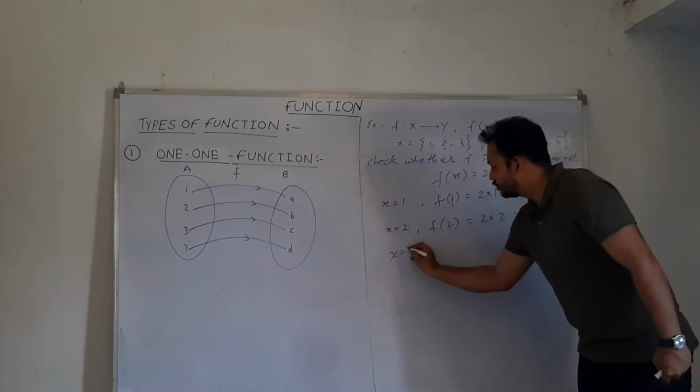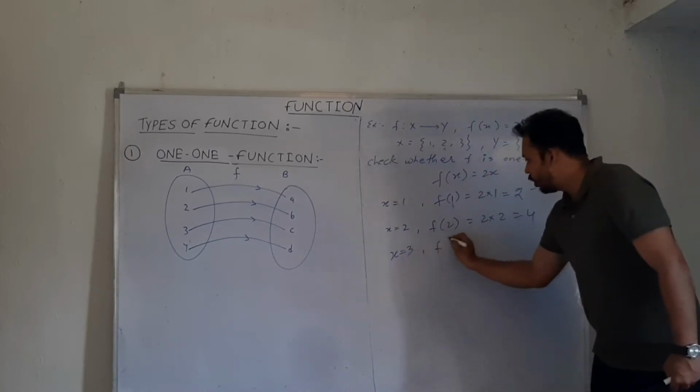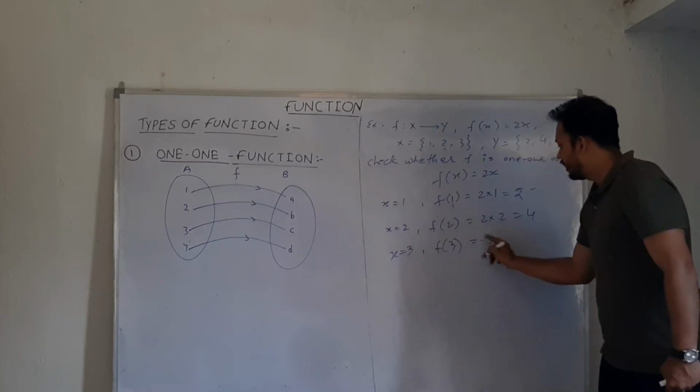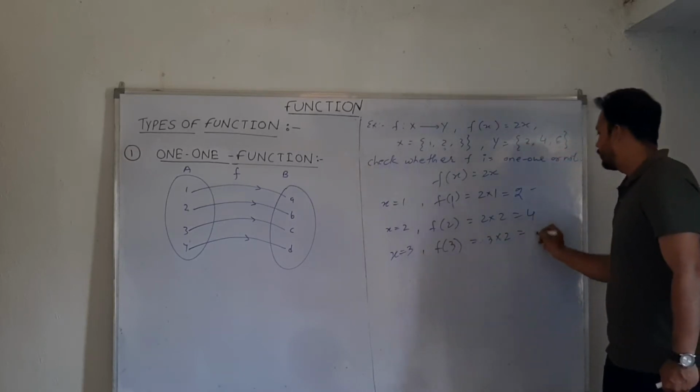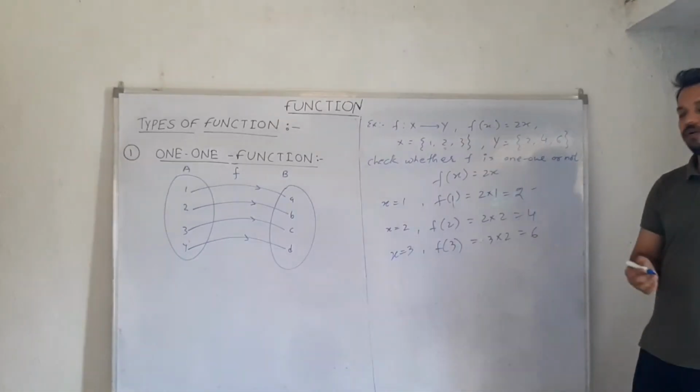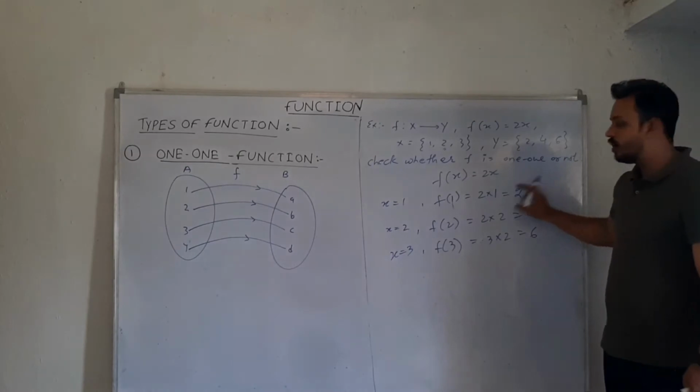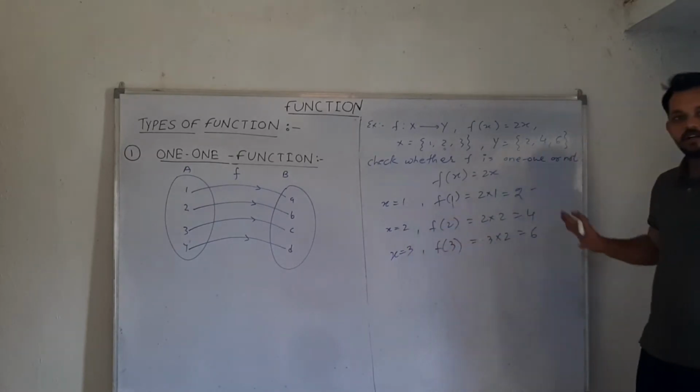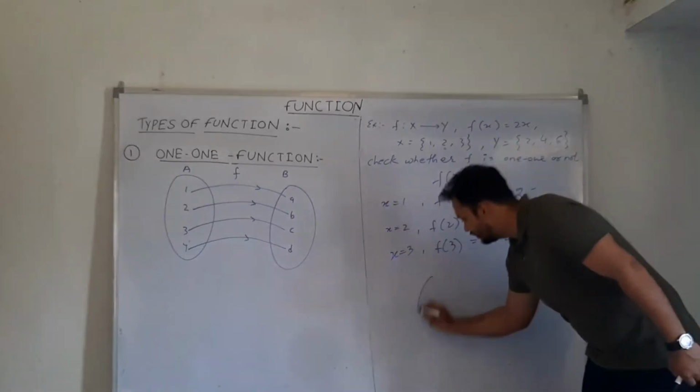For x = 3, f(3) = 3 into 2 = 6. So we got an image for every element of the domain. Now we can check it.